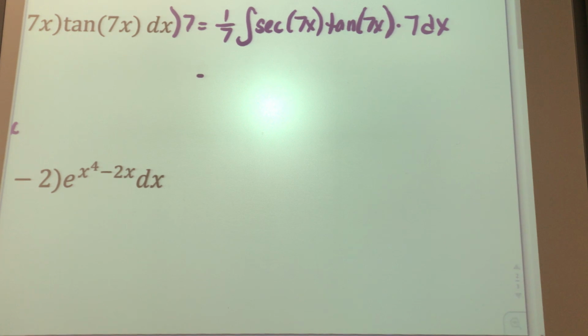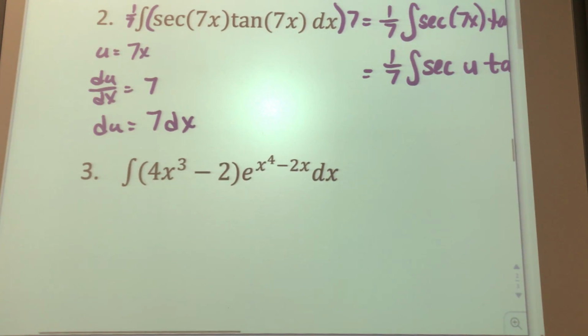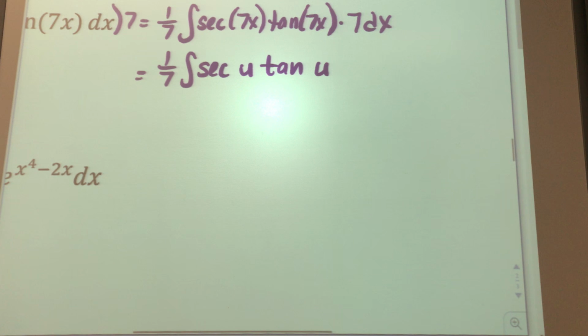Then I'll write this integral in terms of u. So everywhere where I have a 7x, I'm going to change that to u. And we already know 7 dx is du. Right. Then I'm going to find the antiderivative.